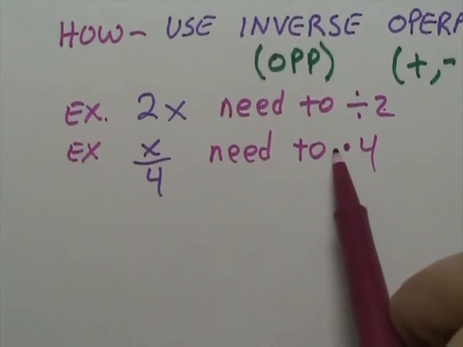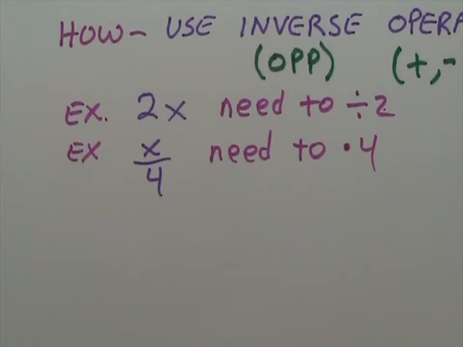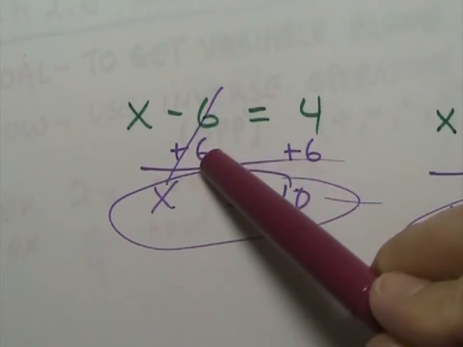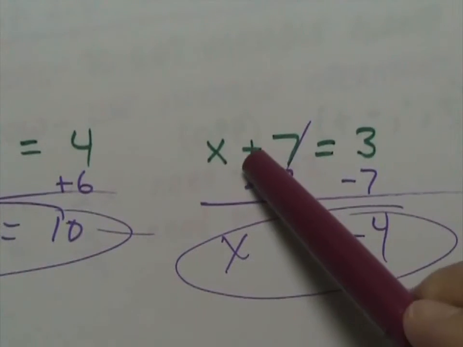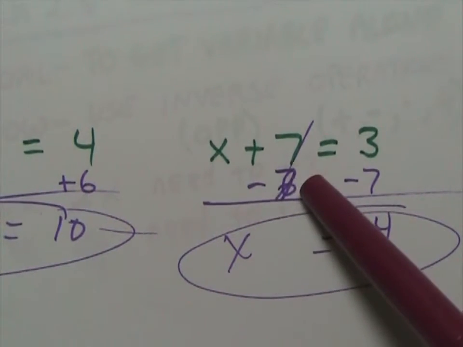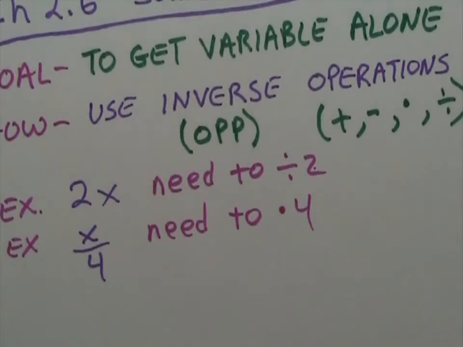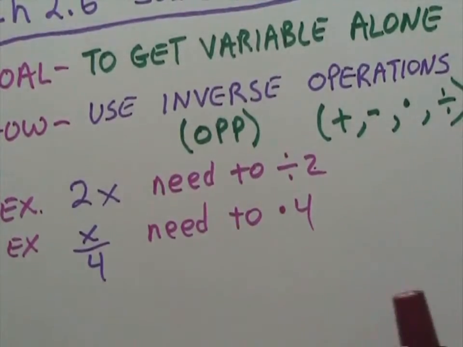This one's divide, you have to times. And remember, when it was -6, we added 6. When it was +7, we subtracted 7. So you have to do the opposite operation. That's why it's called inverse operations.